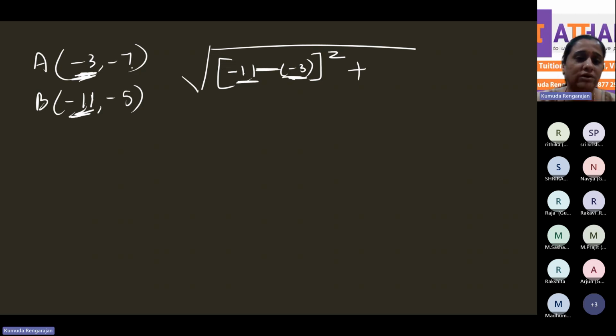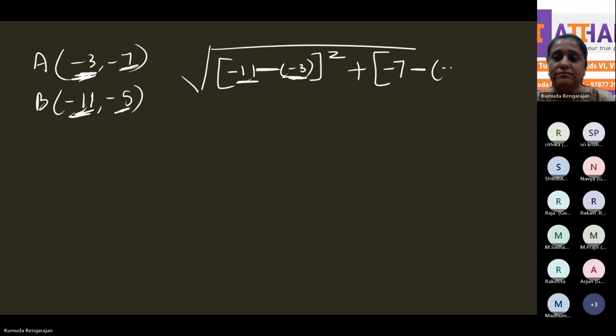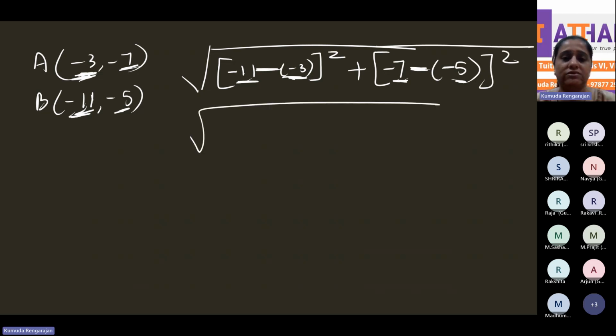You can write this one first, that is y1 minus y2. Just because this one already has a minus sign, you shouldn't think that you don't have to put this. So this is y1, this is y2, y1 minus y2, the whole square. So this will be the square root of minus into minus plus.